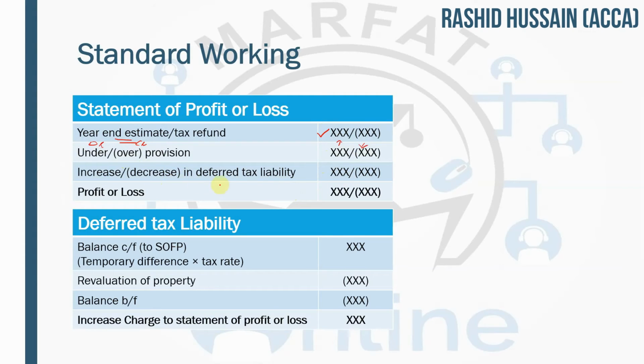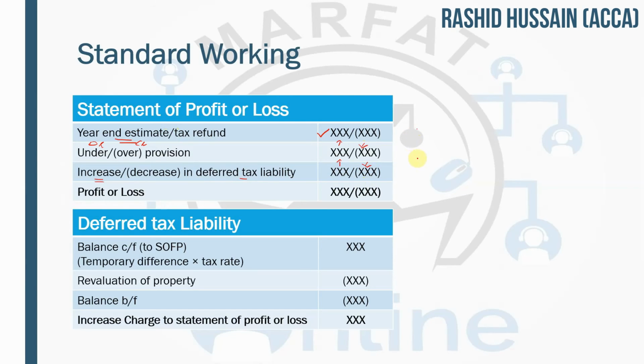And then the increase or decrease in the deferred tax liability. An increase in the deferred tax liability is an expense that will be added to the above expenses. A decrease in the deferred tax liability will be deducted from the above expenses because that is a credit to the statement of profit or loss. So remember this thing. The first thing you have is the current tax provision, which is an expense.